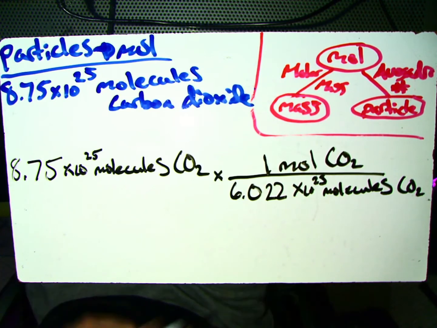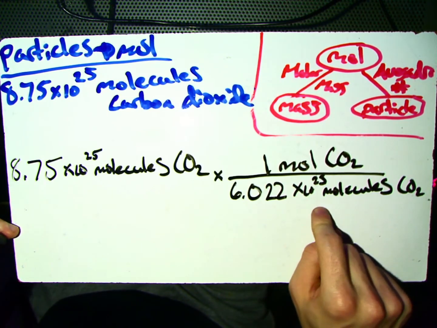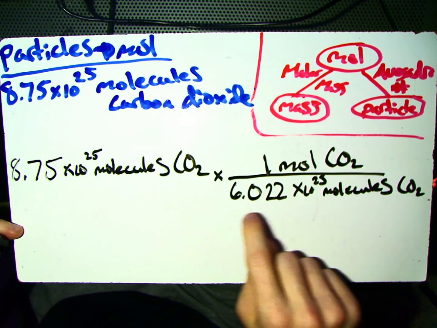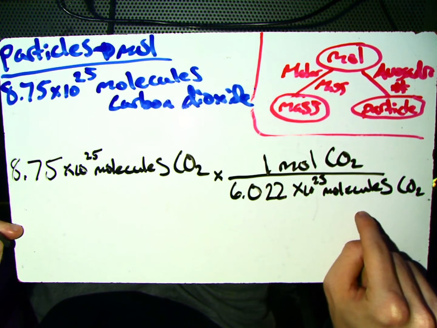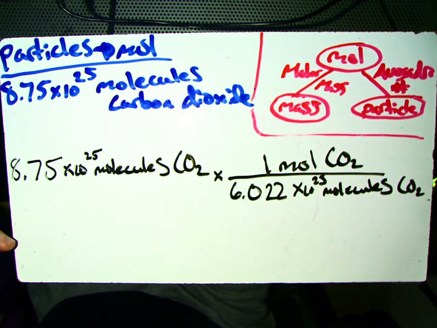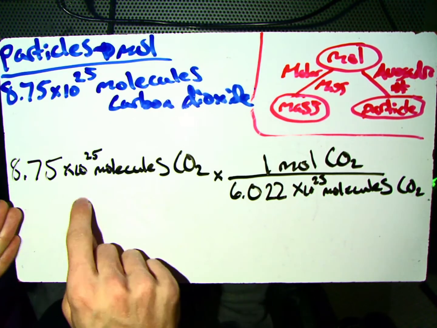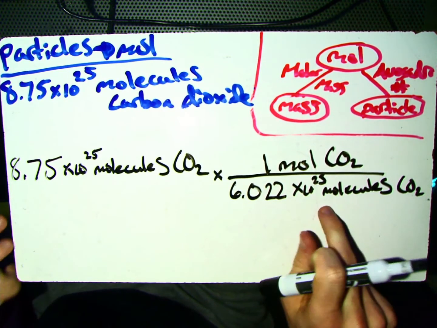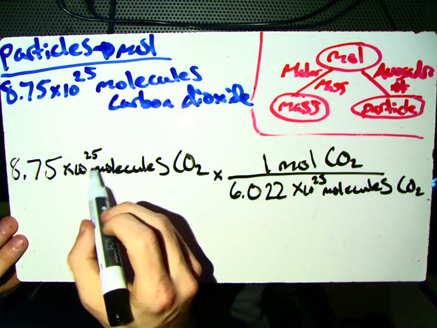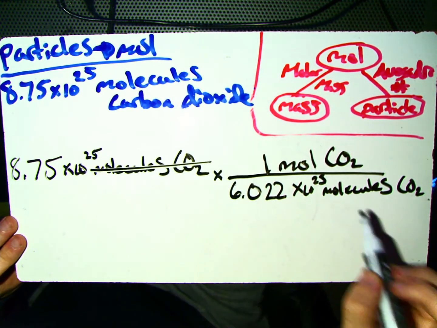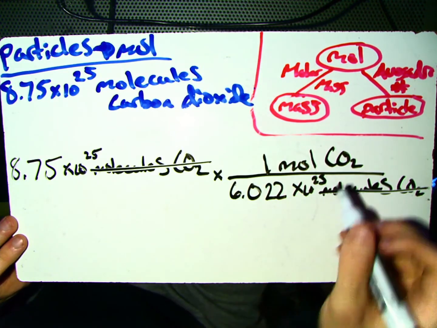I mean, conceptually, if you just think about this, we're saying that in a single mole of carbon dioxide, there are 6.022 times 10 to the 23rd molecules of carbon dioxide, right? But in our given, we have a lot more than a single mole's worth of carbon dioxide. So that's why we have to do a little bit of math here. Let's cancel out our units. Now we're in moles.